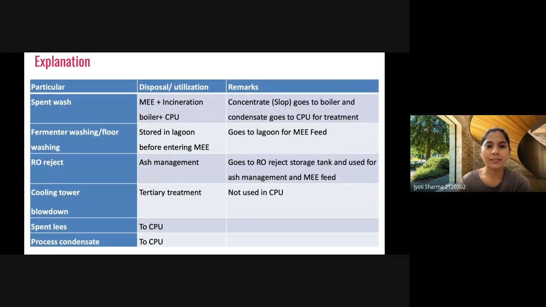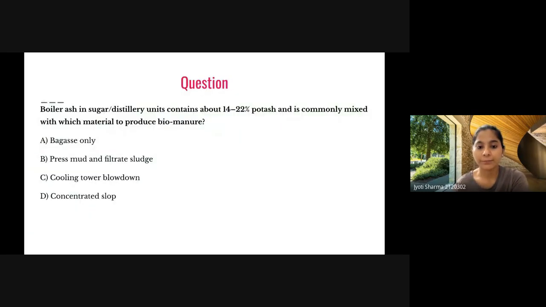I think you already have seen this table. Different techniques we have for different types of byproduct. Boiler ash that we will have, see, after incinerator ash will also be produced, right? So boiler ash, or this is a different type of ash actually.